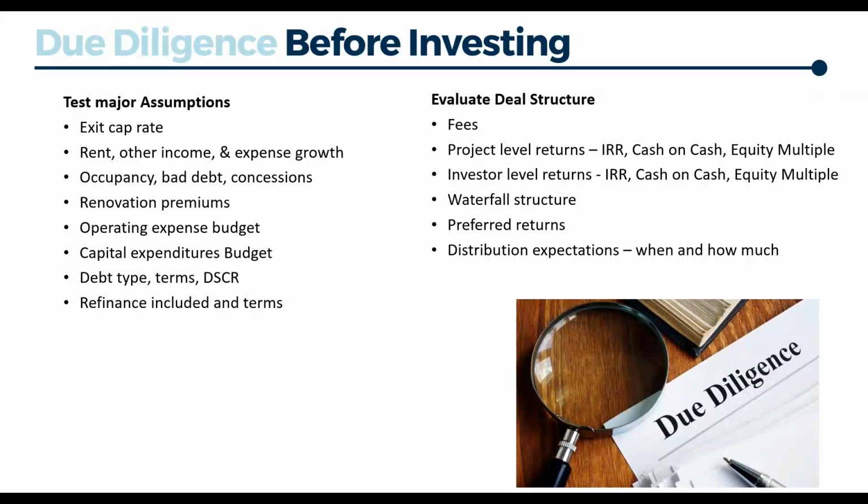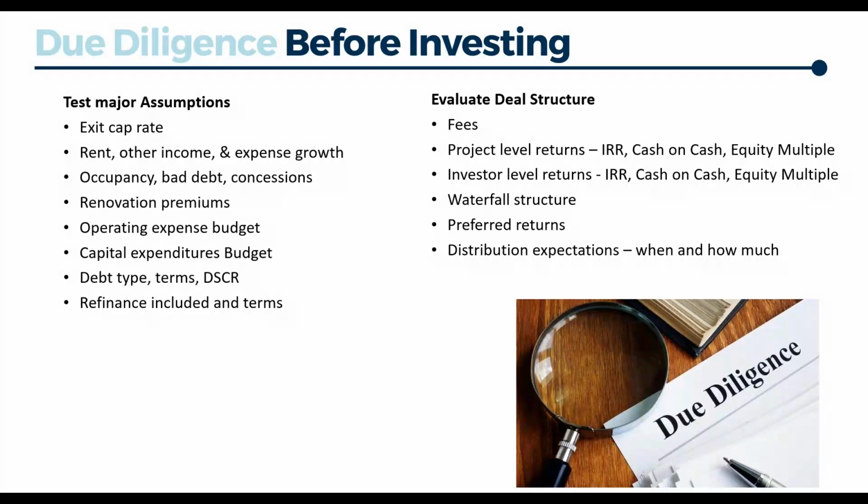So I think it's really important to be able to first test the major assumptions. Major assumptions are like the exit cap rate, and I don't want to get too technical, but it's basically the multiple that the income is going to be valued at when you sell, right? And so is it going to be a 15x multiple, a 20x multiple, 25x multiple?